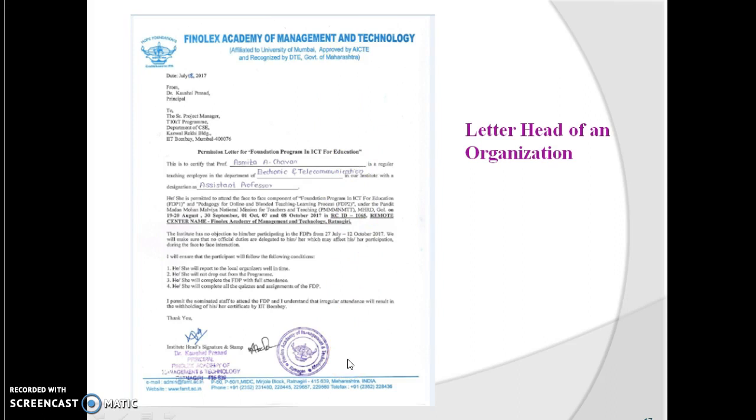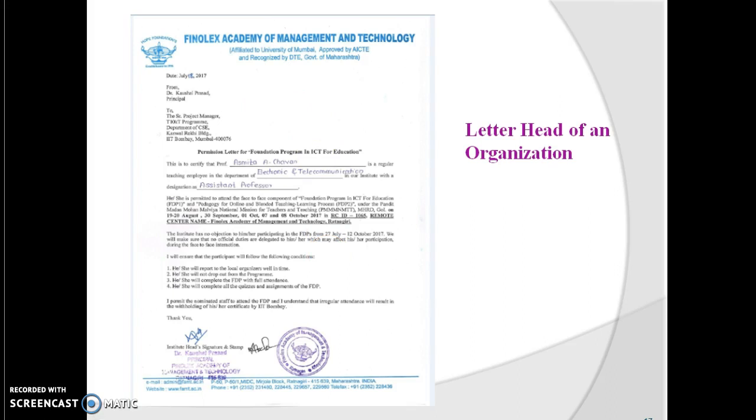A sender can write the content of his letter in this particular section. So when you are using a letterhead, the name of the sender and the address or the contact details of the sender is already printed. So there is no need to write any sender's address when you are using the letterhead of an organization.